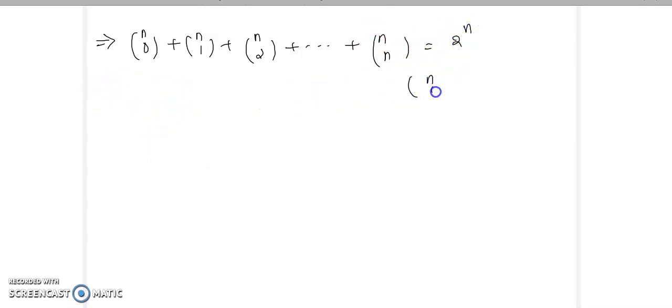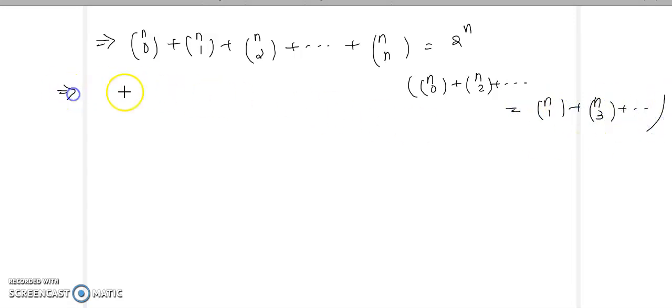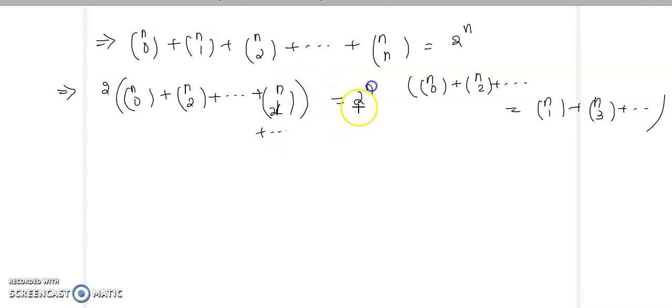Now we know that nC0 plus nC2 plus etc. is equal to nC1 plus nC3 plus etc. So therefore this can be written as 2 times nC0 plus nC2 plus etc. nC2k plus etc., since these two are equal. This will be equal to 2 raised to n.